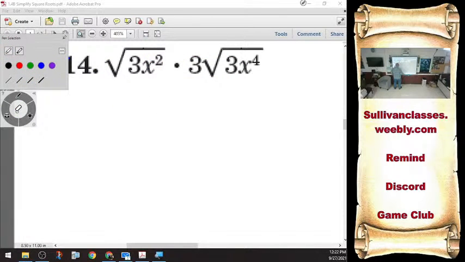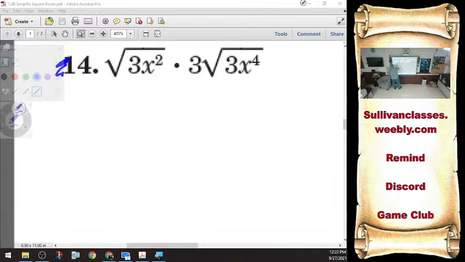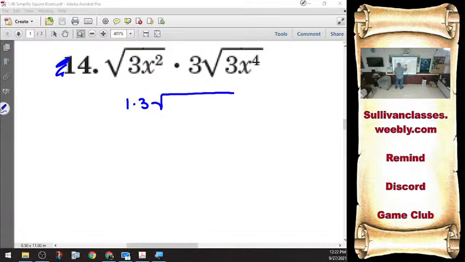There, let's get uglier with it. I can say that's 1 times 3 on the outside. That's 3 times x squared times x to the 4th on the inside. Or I can write it like this. Okay, same difference.